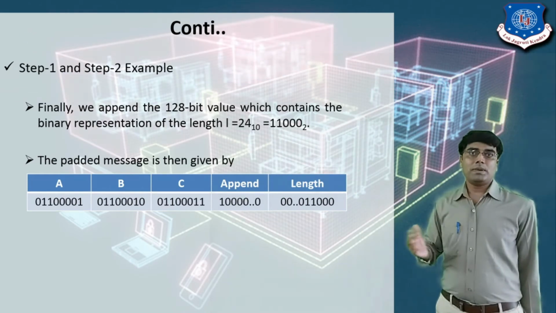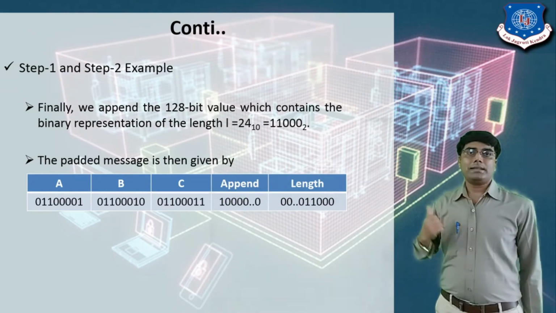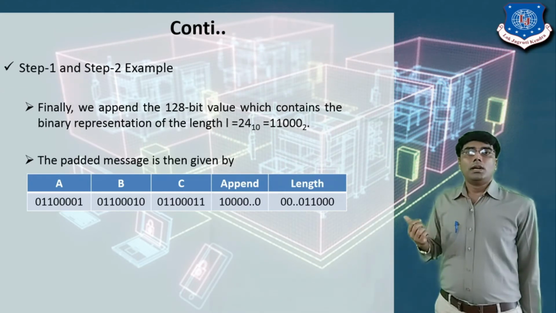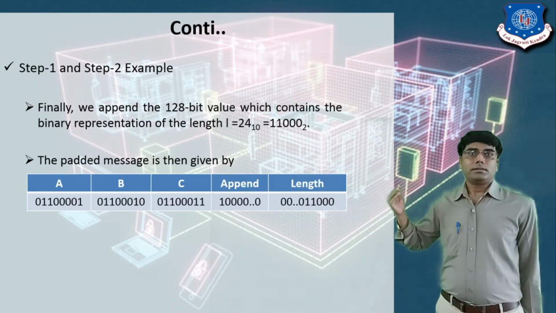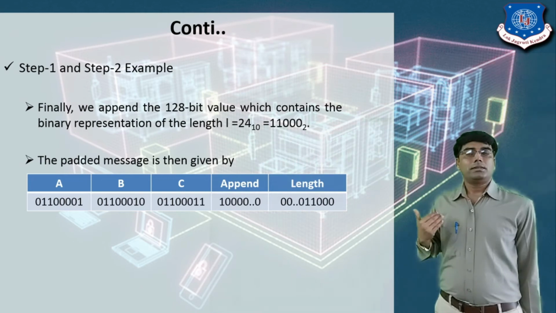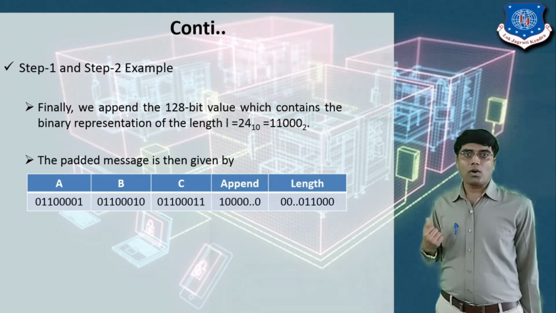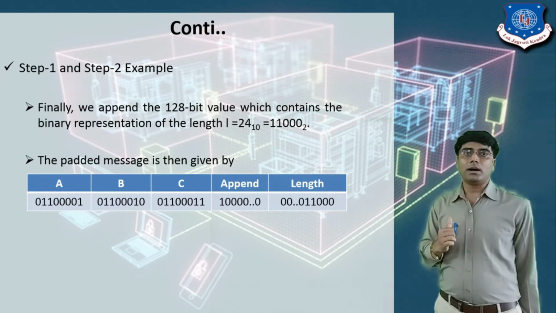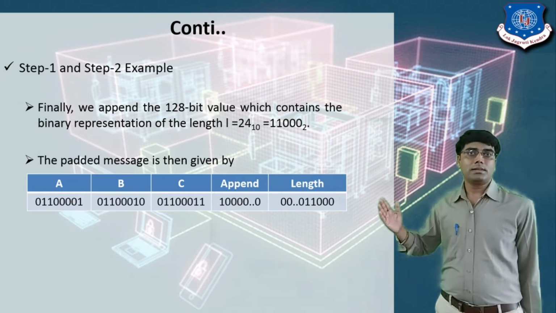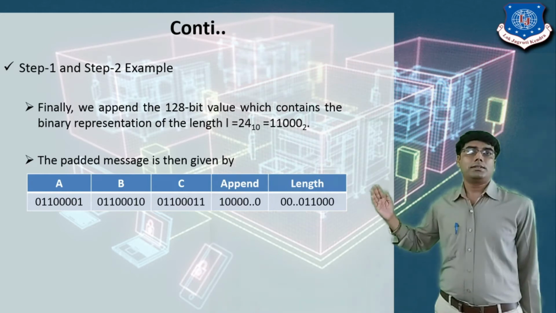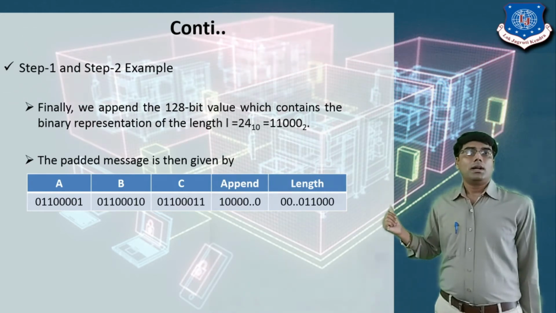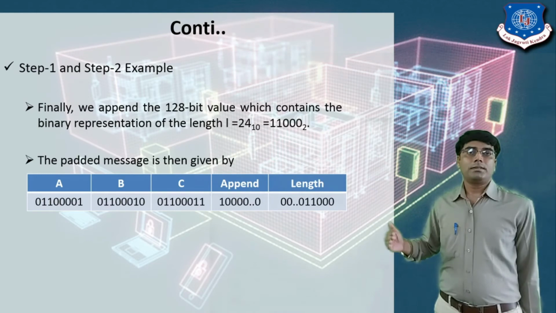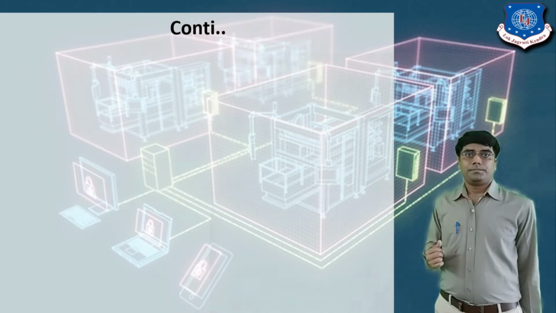After step 1 and step 2, the padding bits and the length are appended, and the length of the message should be a multiple of 1024 bits.